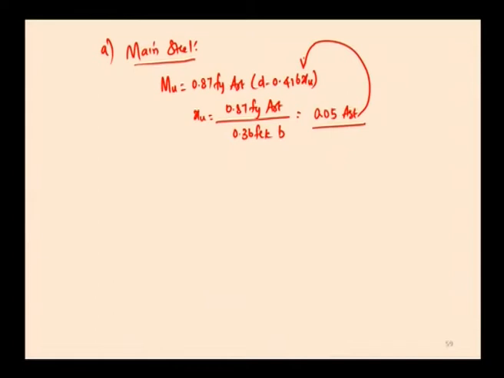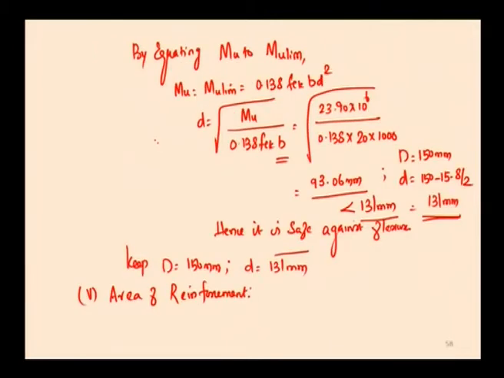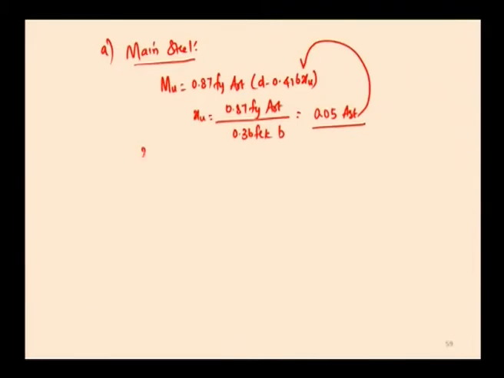I am substituting Xu equal to 0.05 AST in this expression. Mu here is 23.90 kilonewton meter. 23.90 into 10 to the power 6 is equal to 0.87 into fy, for the steel is Fe 415, into AST into d, which is 131, minus 0.416 into 0.05 AST.